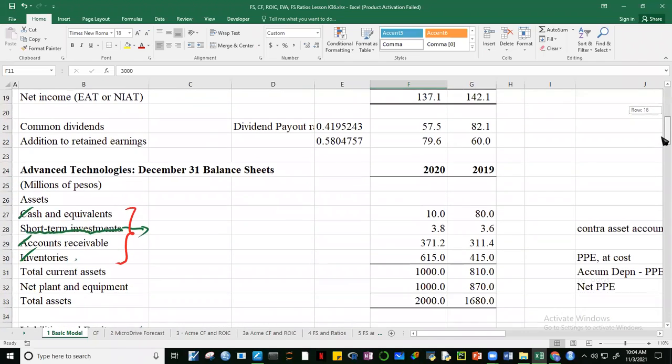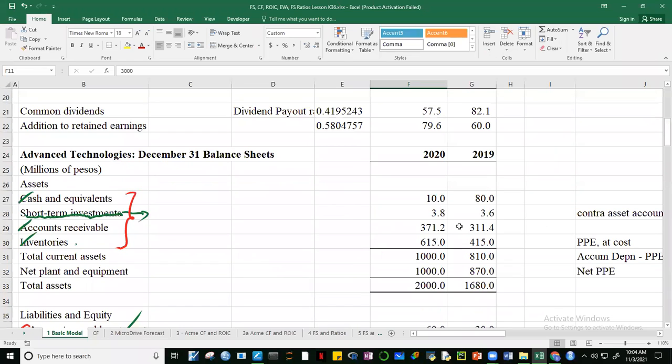If you take a look at our balance sheet, there was an increase in accounts receivable, from 311 to 371.2, and also in the inventories from 415 up to 615. Also in long-term assets, net plant and equipment, 870 up to 1,000.